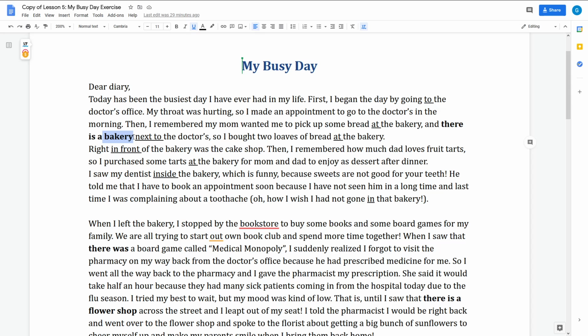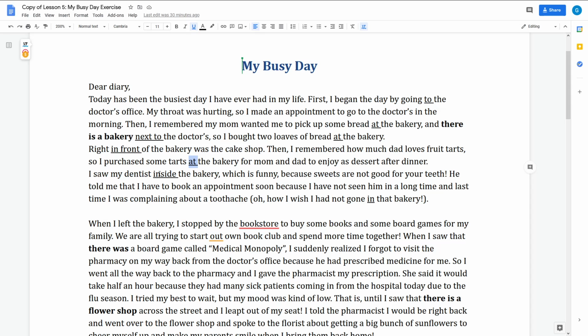So we've seen some prepositions, and we've also got her second place. From the doctor's office, she went to the bakery. So I bought 2 loaves of bread at the bakery. Right in front of the bakery was the cake shop. Then I remembered how much Dad loves fruit tarts, so I purchased some tarts at the bakery for my mum and Dad to enjoy as dessert after dinner.